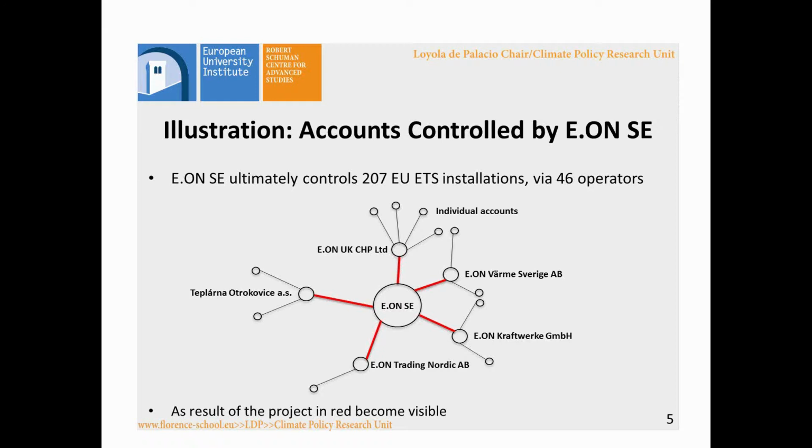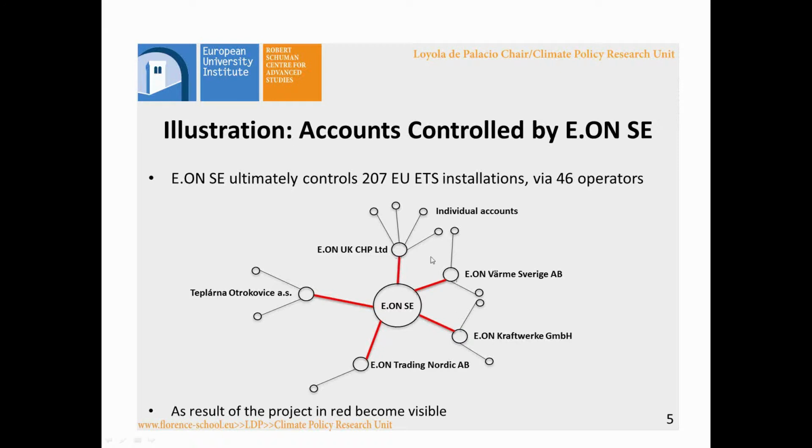However, some people may take an operator to be the firm and may conduct their empirical analysis on operators, which is fair enough. However, as we can see in this very simplified picture, we have E.ON's headquarters here, and we have all these different operators.